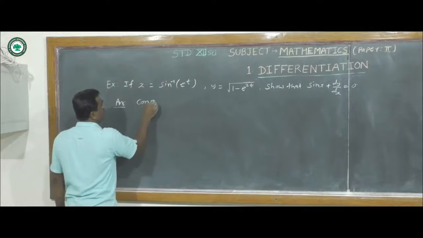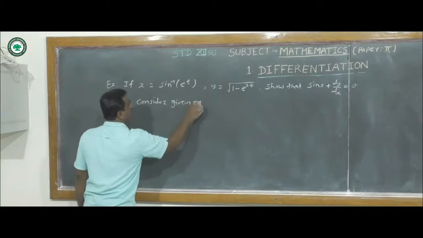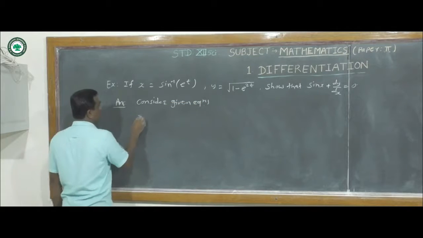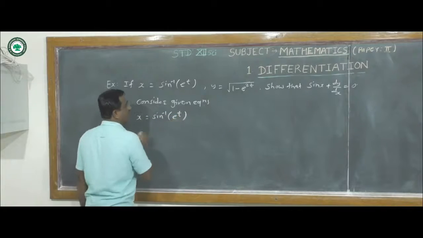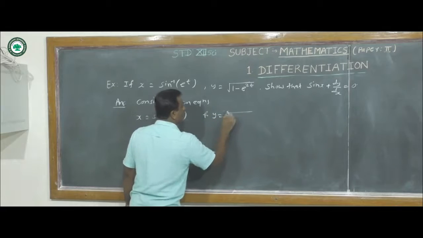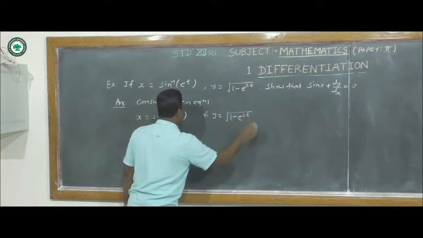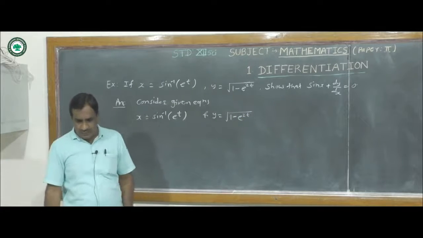Consider the given equations, that is, x equal to sin inverse of e raised to t and y is equal to under root 1 minus e raised to 2t. Okay. Now here we can use substitution.